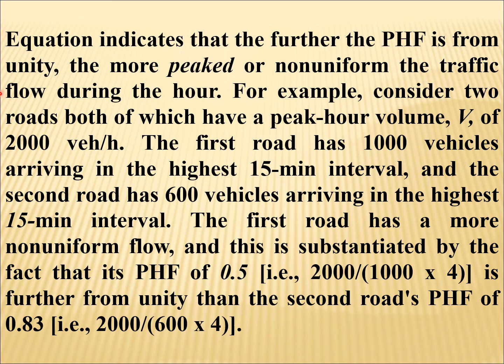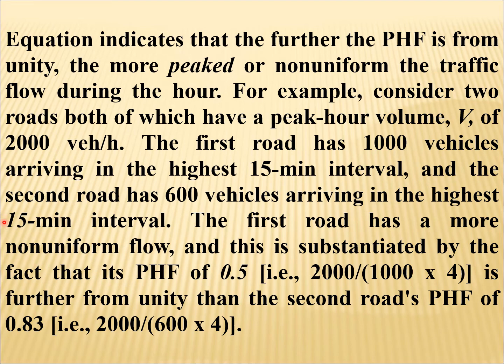For example, consider two roads, both of which have a peak hour volume V of 2000 vehicles per hour. The first road has 1000 vehicles arriving in the highest 15-minute interval, and the second road has 600 vehicles arriving in the highest 15-minute interval.